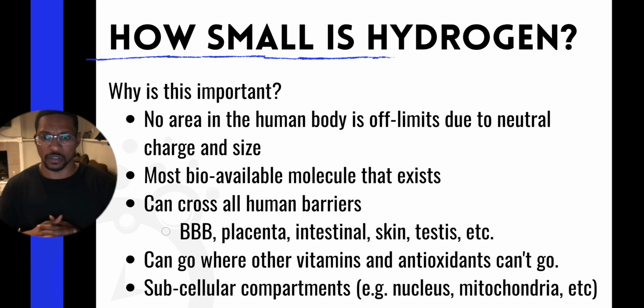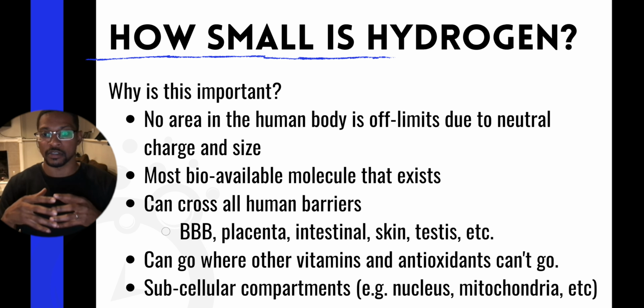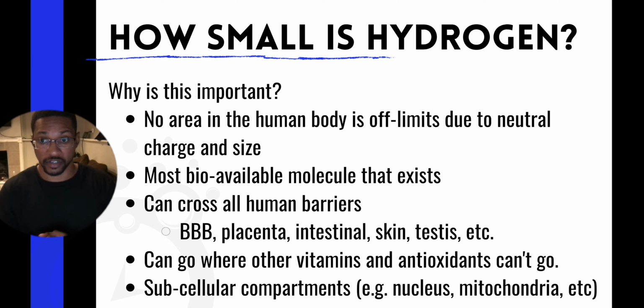Also, this is equally important to realize because it's so small and it's neutral in its charge that it makes it the most bioavailable molecule in existence. It has the fastest rate of diffusion into cells of any other molecule that actually exists. And it can cross all human barriers.